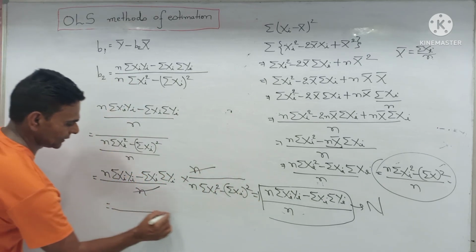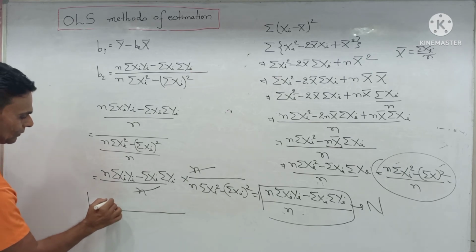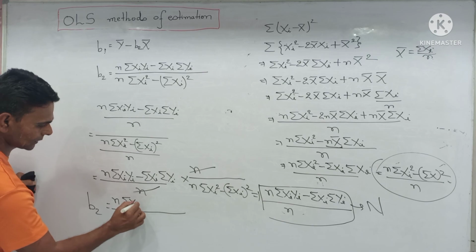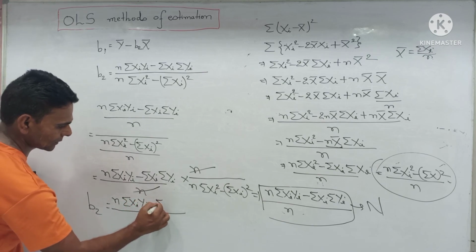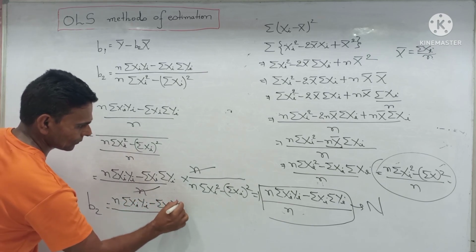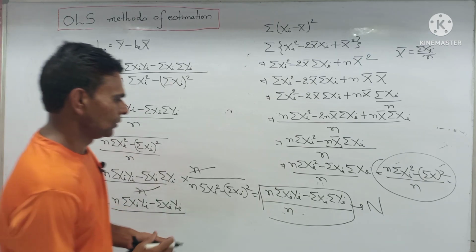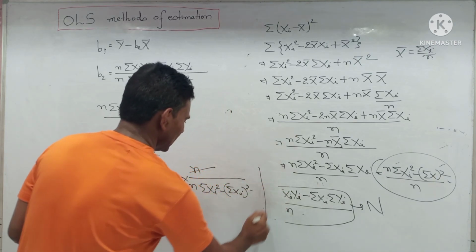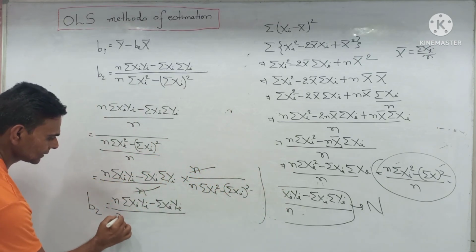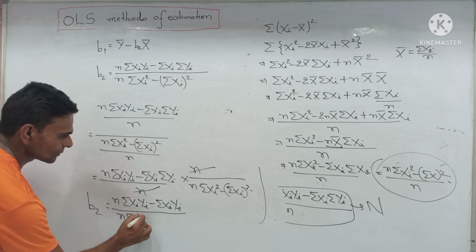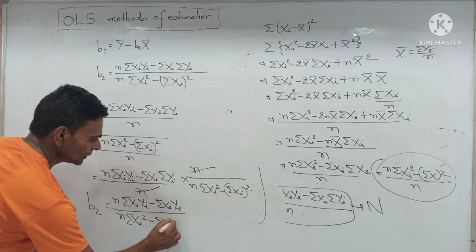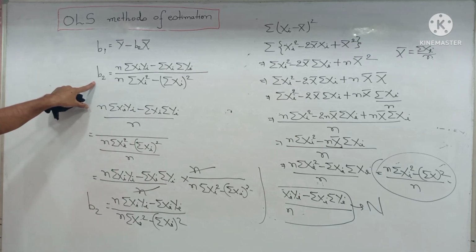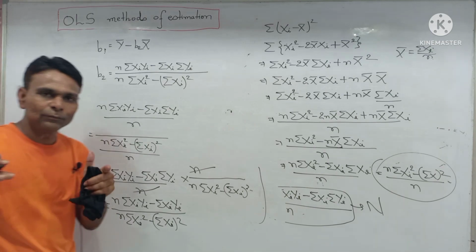Now it can be written, which is equal to b2, equal to n times summation of xi yi minus summation of xi times summation of yi, and this term cancels. And this term is written summation of xi square minus summation of xi whole square. This value is exactly equal to beta 2, and we have proved it.